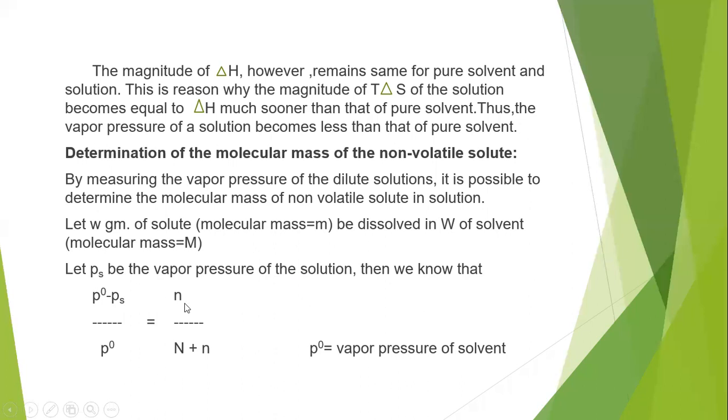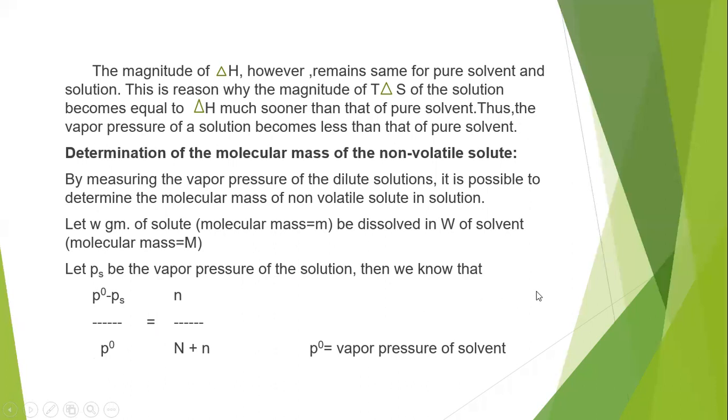Then we know that (P0 minus Ps) by P0 equals small n by (capital N plus small n). That is, the relative lowering of vapor pressure of a solution is equal to the mole fraction of the solute.